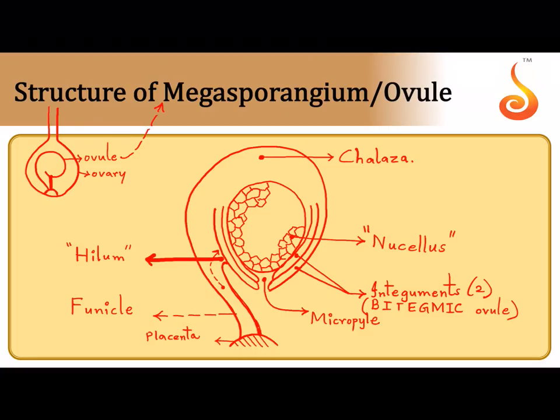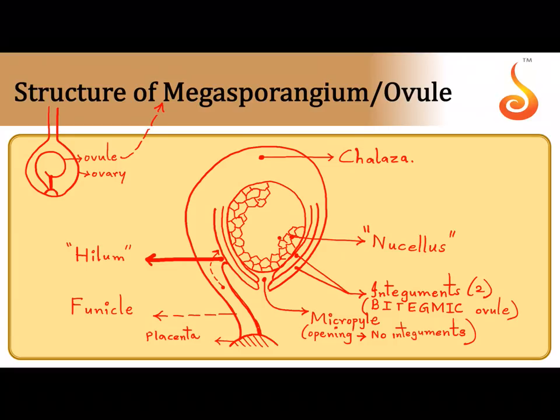Very important. So the micropyle is considered to be the opening of the ovule, where there are no integuments. The integuments are the protective coverings. They are missing in this region, the opening of the ovule, which is referred to as the micropyle.